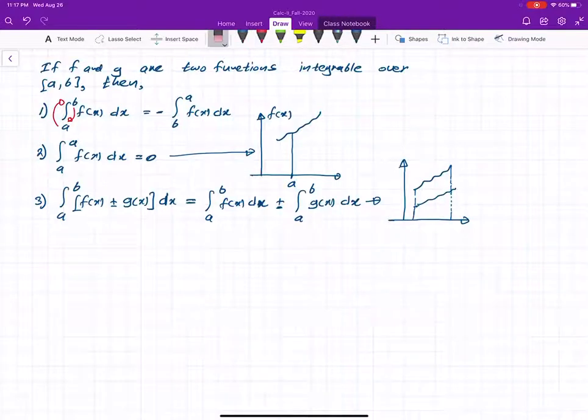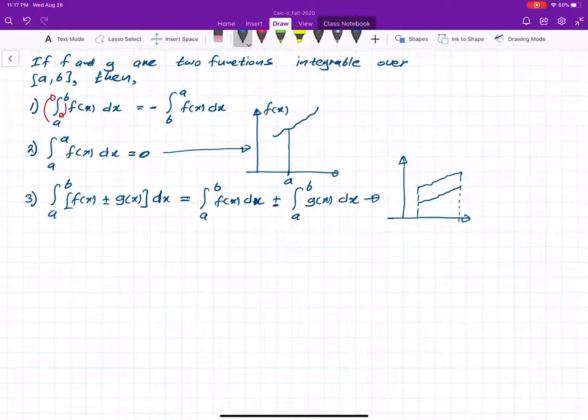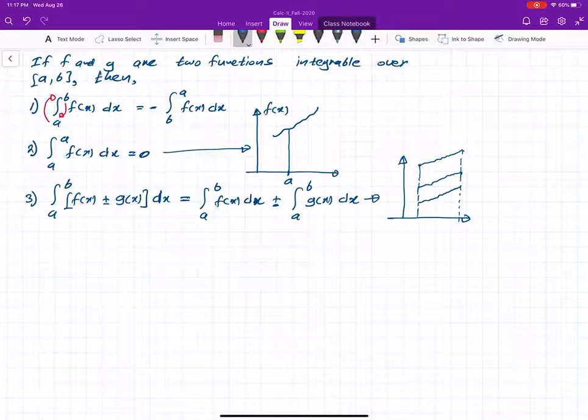Let me redraw it. Let's say you have these two functions. The first function is here, which is not much tall, and the next function is there. And then once you add these two functions, let's say you get that. So the below is, let's say, f of x, that is g of x. Then there should be f of x plus g of x.